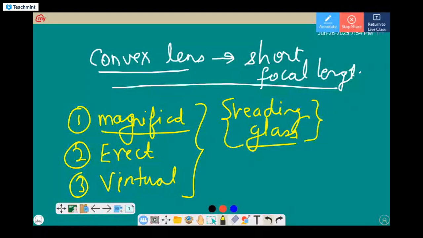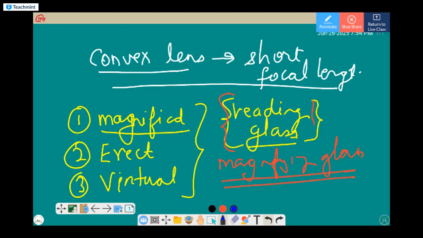So if they ask you what a magnifying glass is, which type of lens it is, it is a convex lens. The idea is that this magnified image will always help in subtending an angle which will be greater than 1 minute.